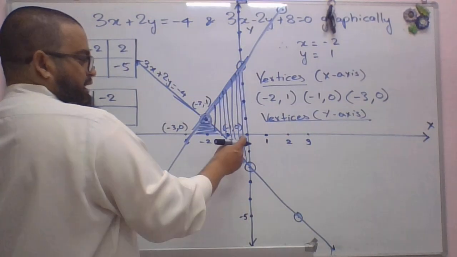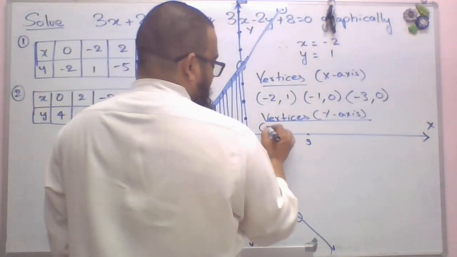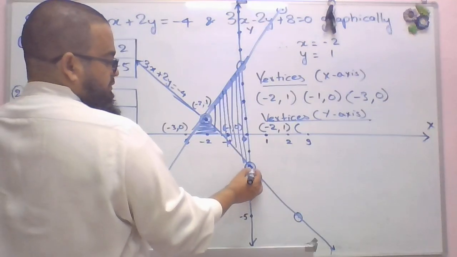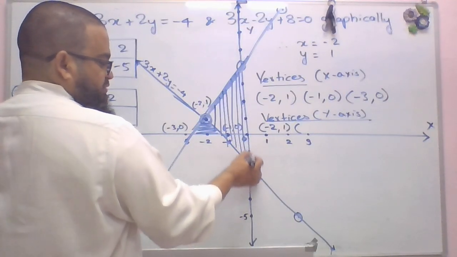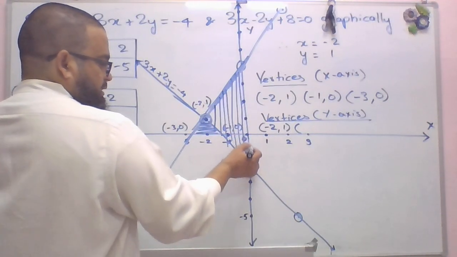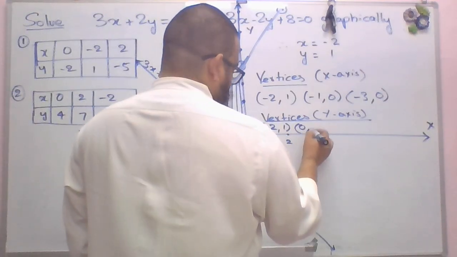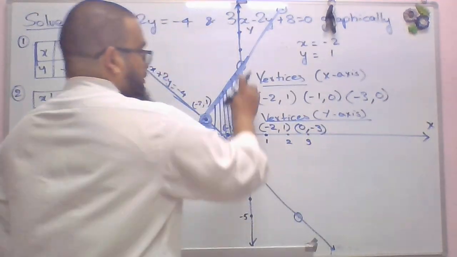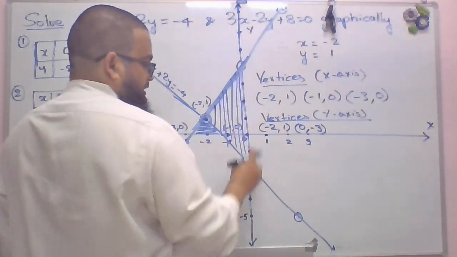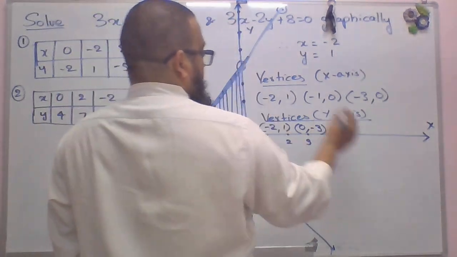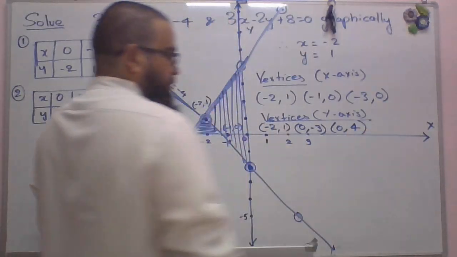This is the triangle, right? Minus 2 comma 1. Next, what is the vertex over here? x is 0 and y is minus 3. 0 comma minus 3. And what is the other one? Since the point is on the y-axis, it is 0 and 1, 2, 3, 4. 0 comma 4. Understood now?